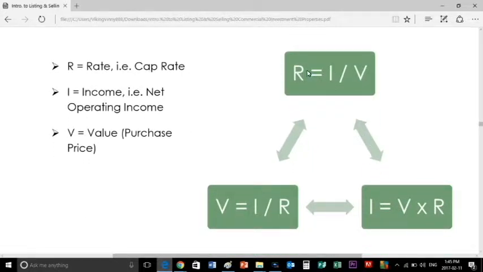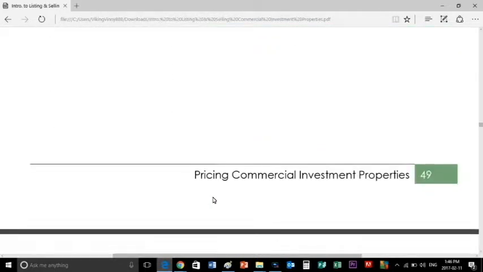So we have the rate is equal to the income over the value, and the value equals the income over the rate, the cap rate, and then we have income equals the value times the rate.